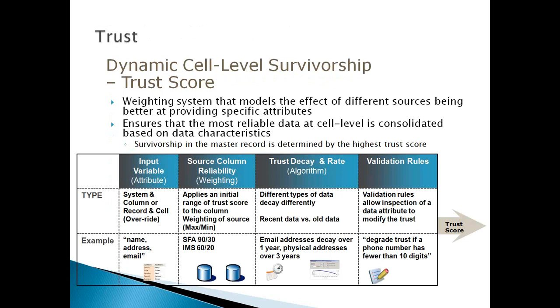So the business owners from all the systems will sit together. They need to analyze a sample set of data. They will take some sample set of data from each one of them and try to analyze for which system the data looks better. So depending on that, they will tell us which system is more trusted.